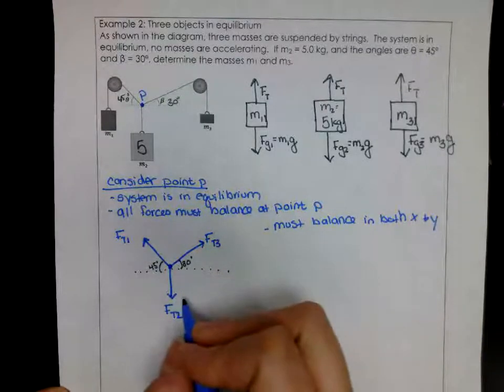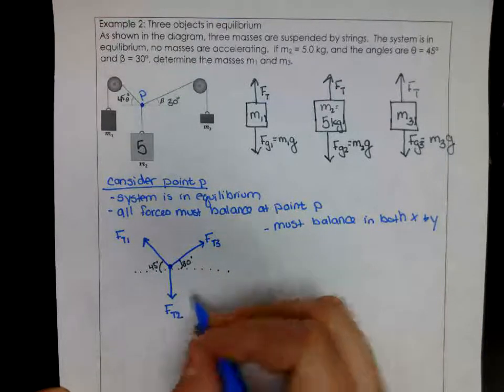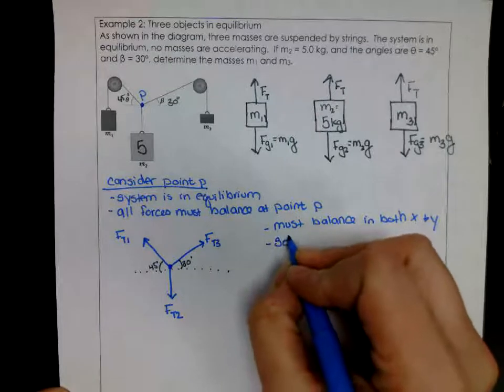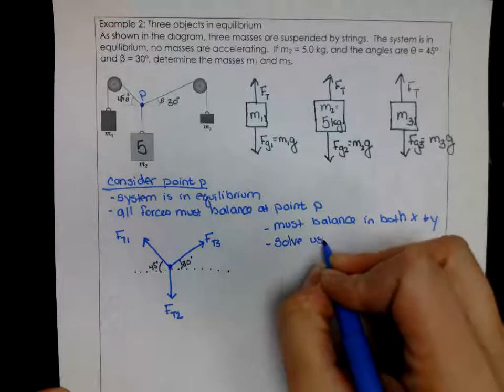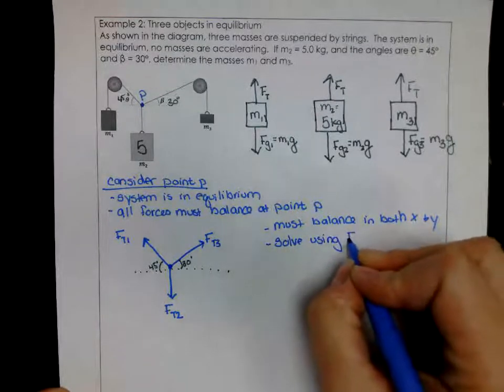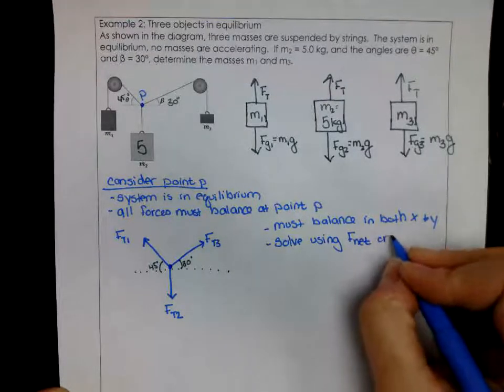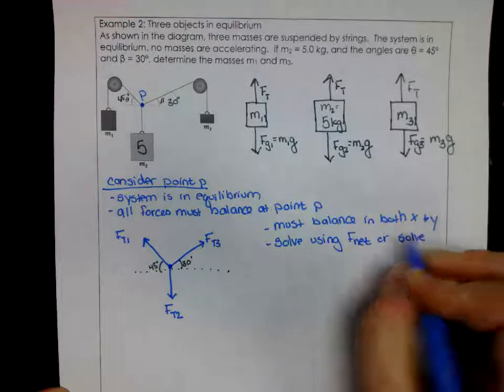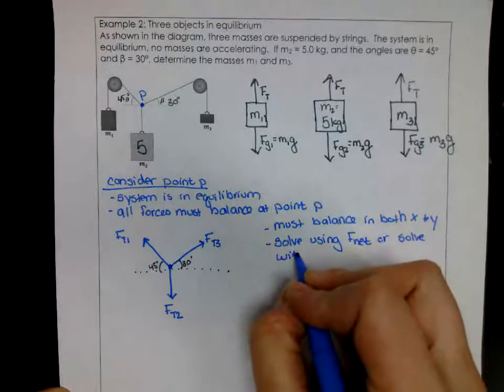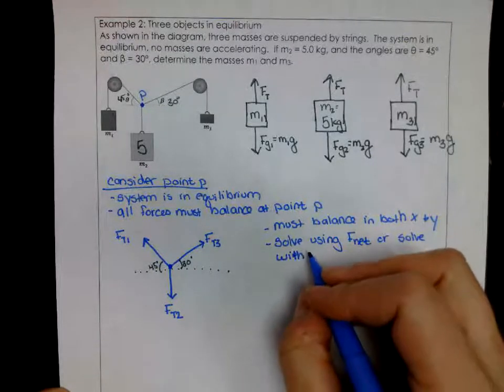So there's going to be 2 ways you can solve this. You can solve this using your net force statements, which is the way I'm going to solve it. But you could also solve it with your sine and cosine laws.